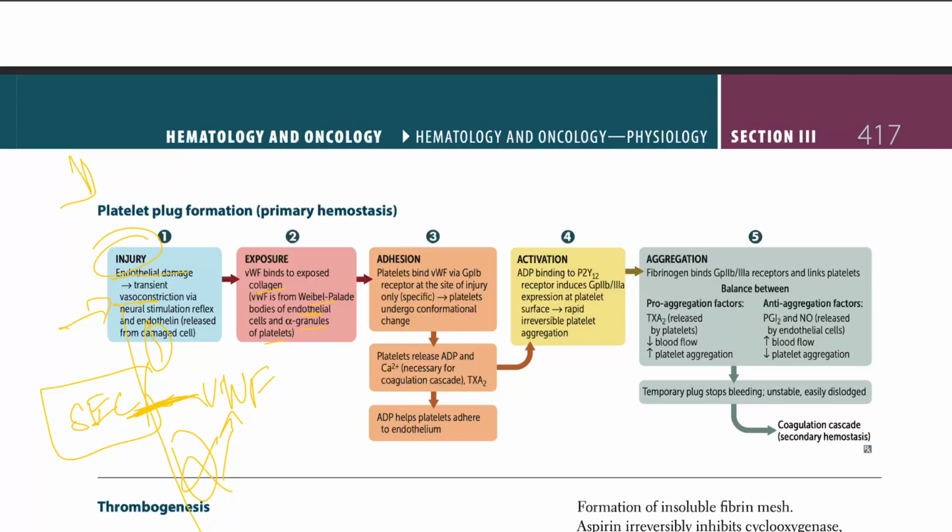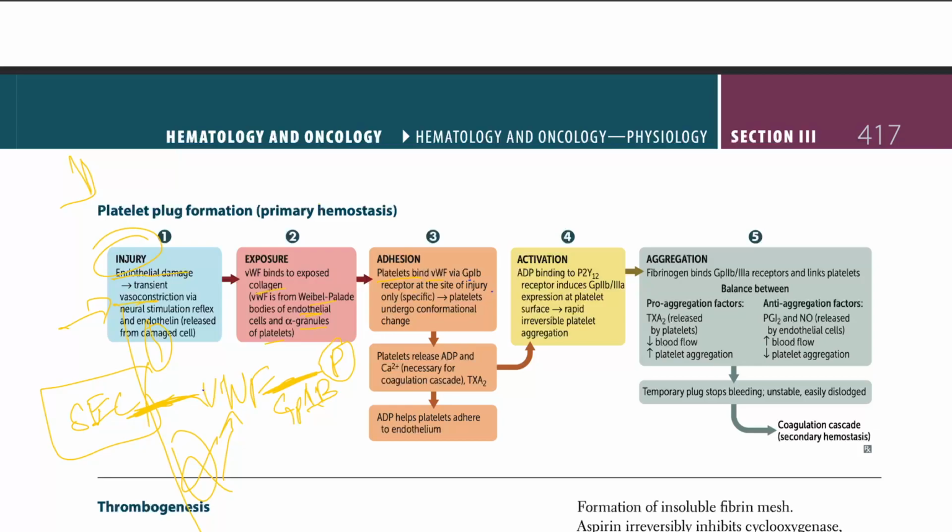Now the third thing is adhesion. What is adhesion? Now that von Willebrand factor is there, platelets would bind with that von Willebrand factor by a receptor known as GP1B, and the platelets are going to bind at the site of injury, only specifically where the von Willebrand factor is and where the injury is.